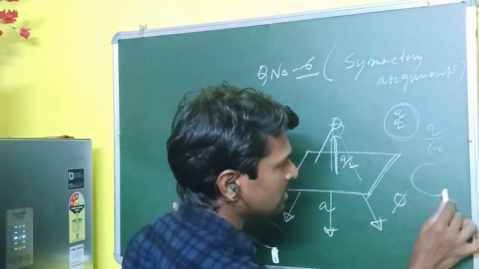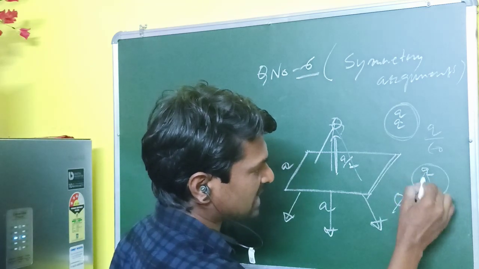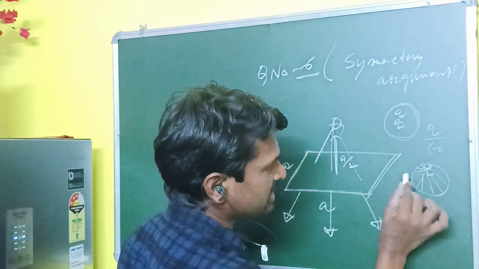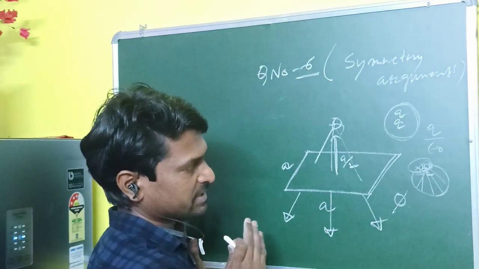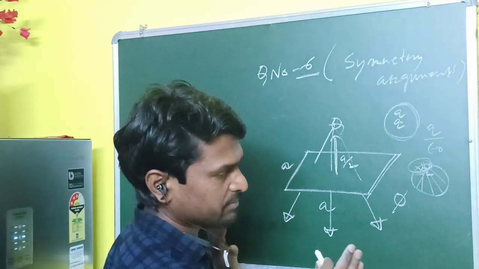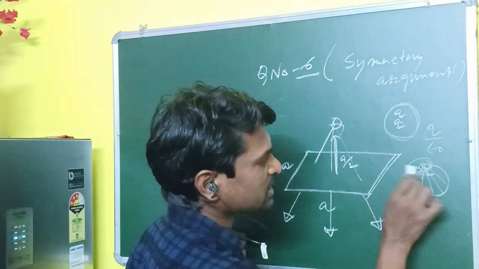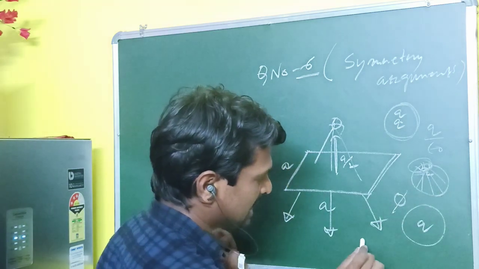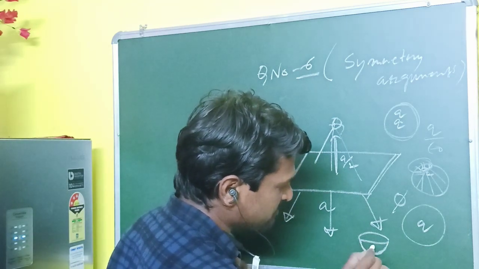But if the charge is here, the flux density is greater at that region. Very close means intensity is greater. At a particular distance, the intensity varies. So this is not a symmetrical position. The symmetrical position is here.